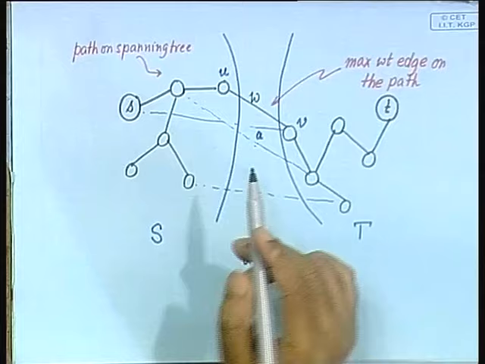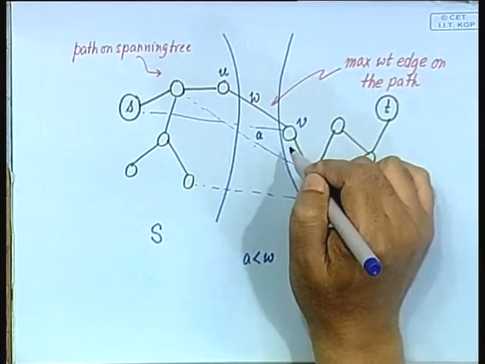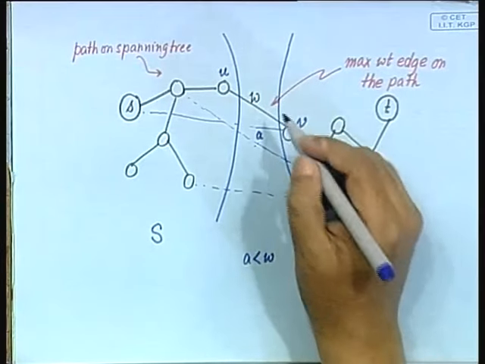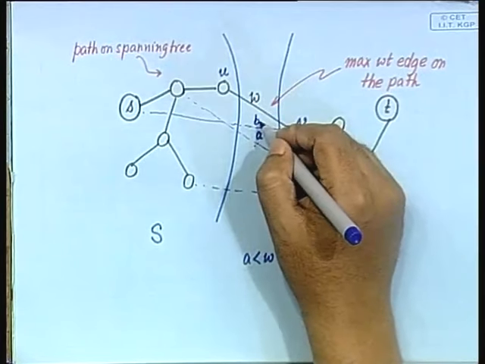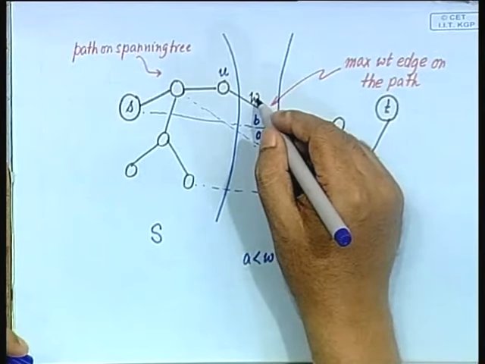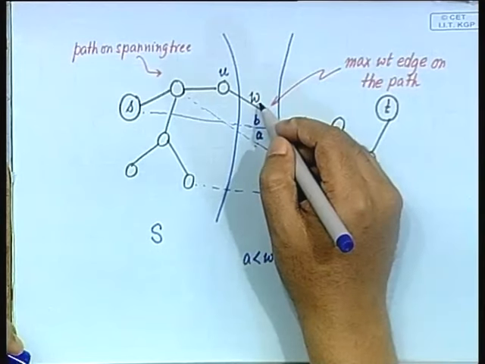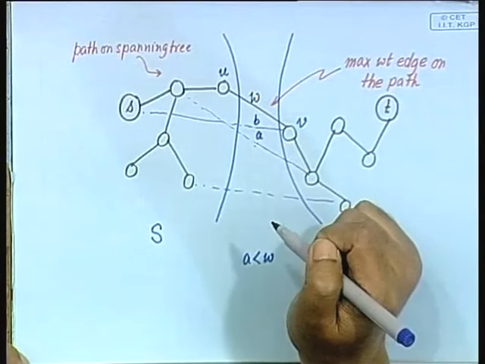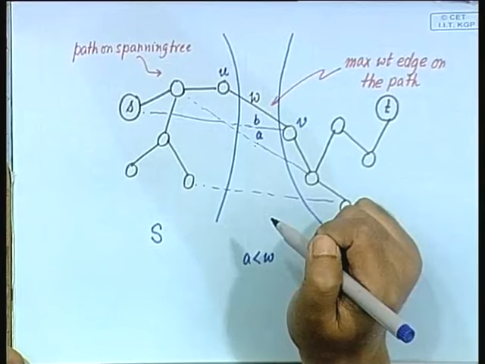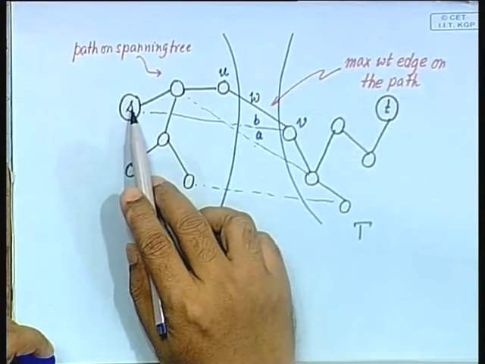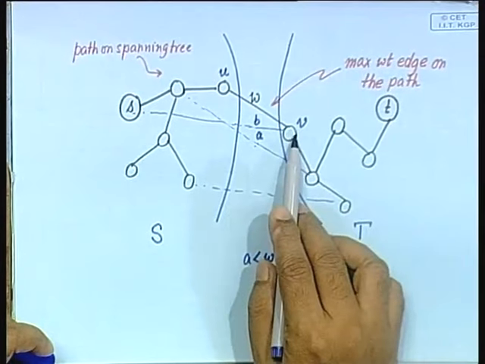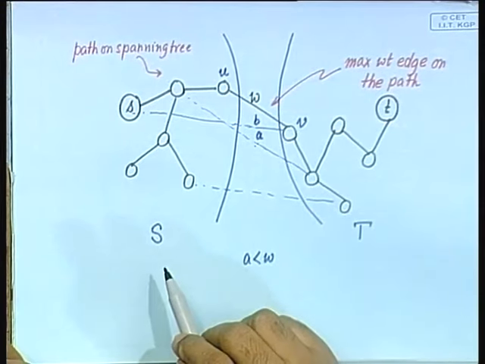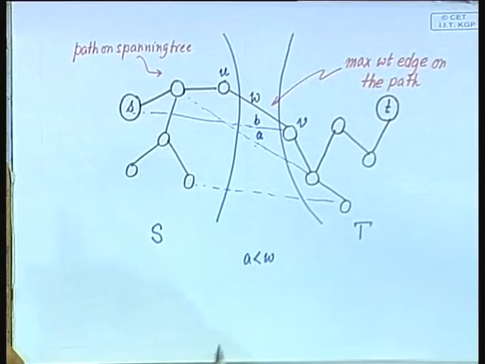But see, that is not going to belong to the minimum spanning tree, because suppose this has a cost of B, if B is greater than W, then W will be there in the minimum spanning tree, not B. And the congestion on your path from S to V to this will have more congestion, because B is greater than W. You see, it is not the sum of the edges, it is the max of the edges, right.